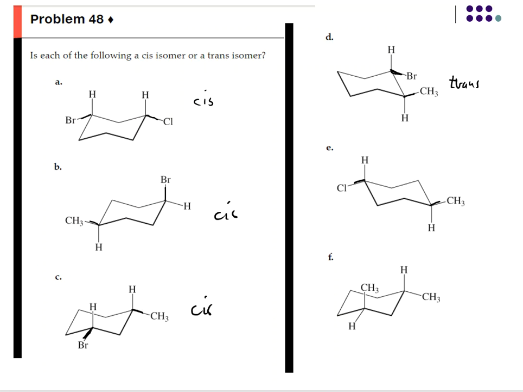I'm comparing those two different groups. So one slightly down, one slightly up. This is going to be the trans notation. And then for part F, this methyl group points straight up, and then this methyl group points slightly out and down. So one is down and one is up, which means that this is also the trans.